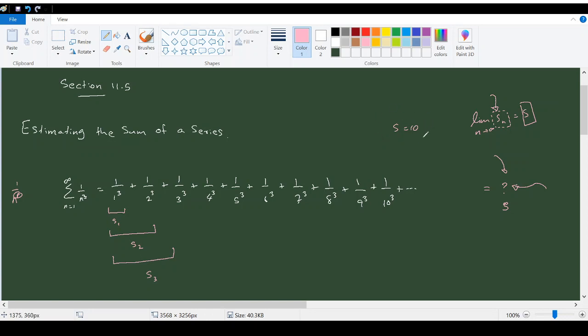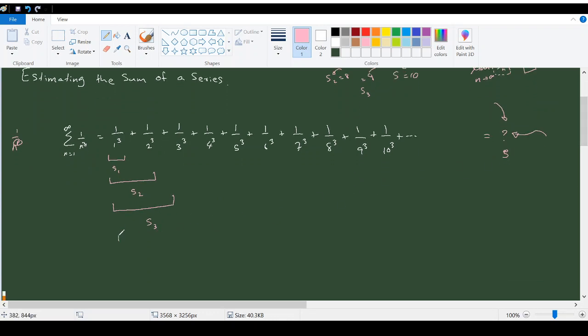Then the addition of the first two terms might be equal to 8, and the addition of the first three terms might be equal to 9. See, now 9 is much closer to 10 than 8 is. So when we include more and more terms in our addition, it gets closer to the exact answer. So this is basically the partial sum.